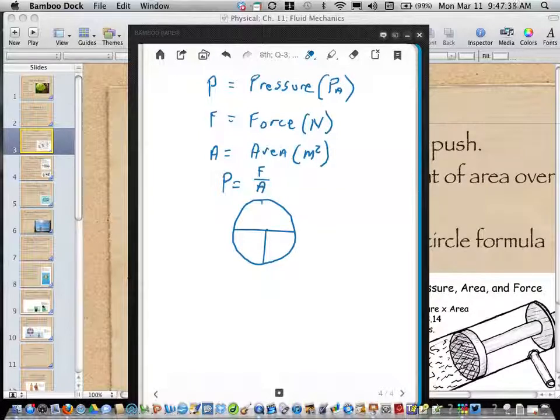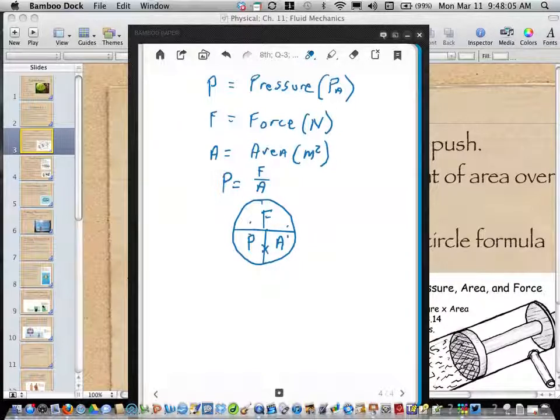Can anybody tell me from that what's the one thing that we need to know and where does it go? Sophia? F is on top. Good. So F is there, P is there, and A is there. This P and the A are interchangeable, by the way. That, of course, means times. This line right here means divide.